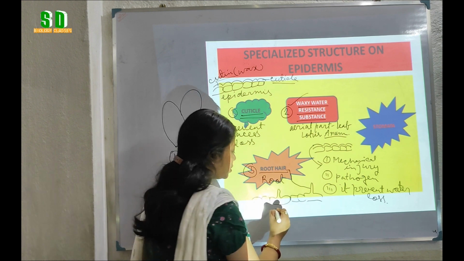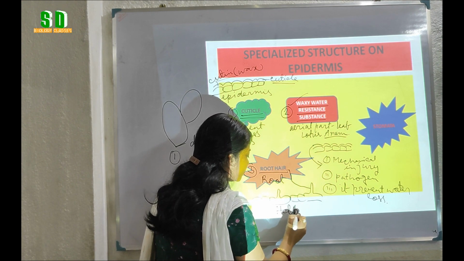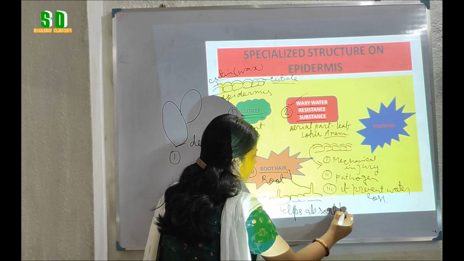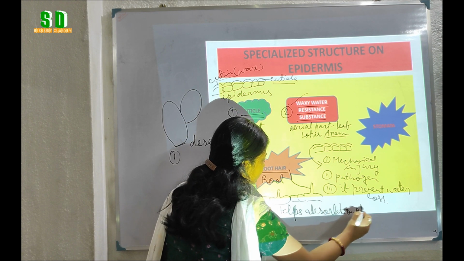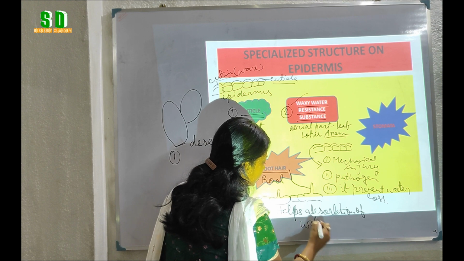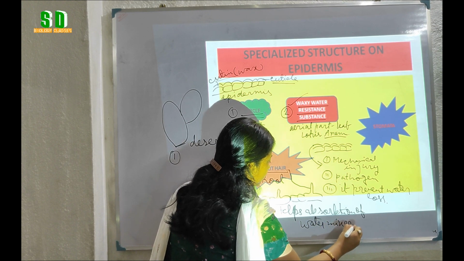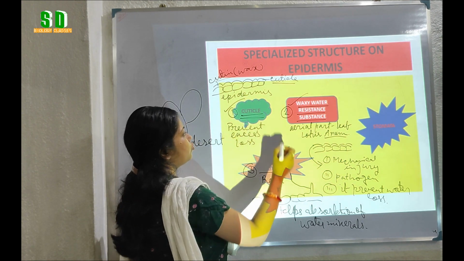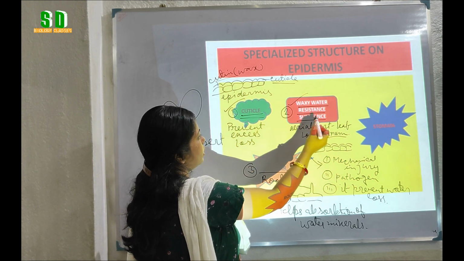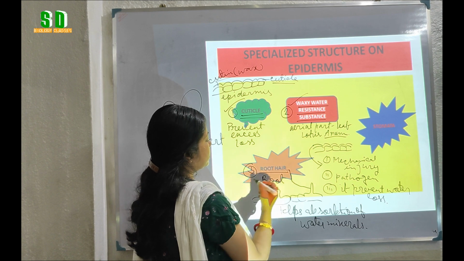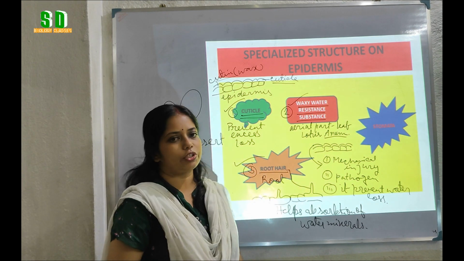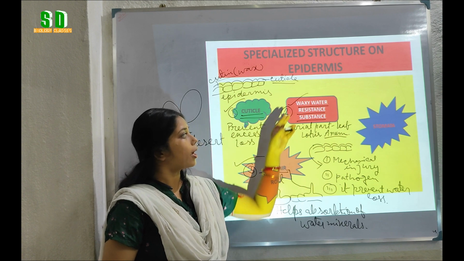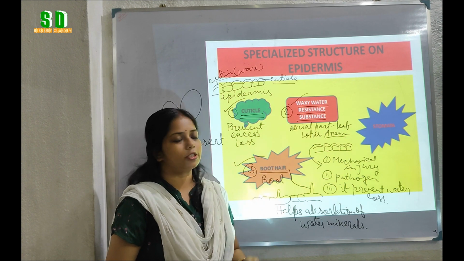Root hair helps in the absorption of water and minerals from the soil. So till now we have learnt about three modifications, that is cuticle, waxy coating substances and the root hair.